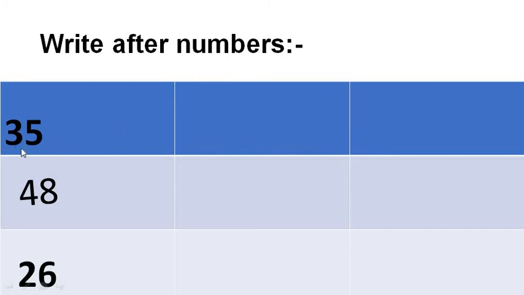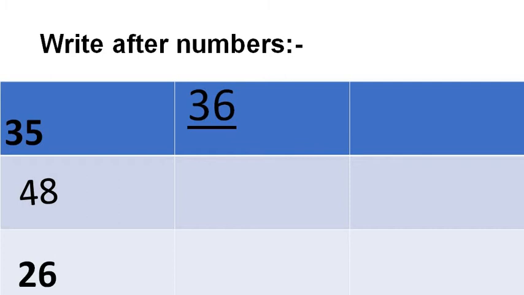This is number 35. Which number will come after 35? What should you do? Start counting from 31. 31, 32, 33, 34, 35. Now which number will come? 36. This is 48. 41, 42, 43, 44, 45, 46, 47, 48.